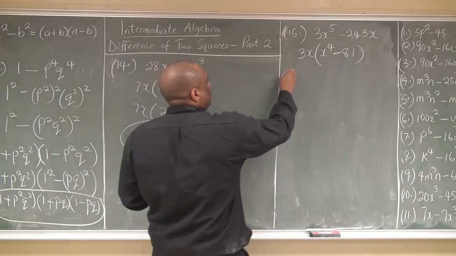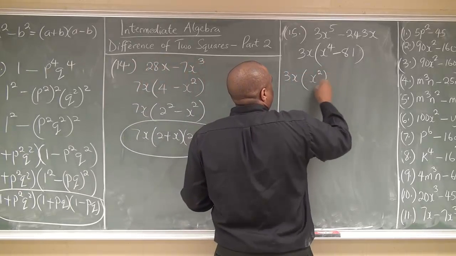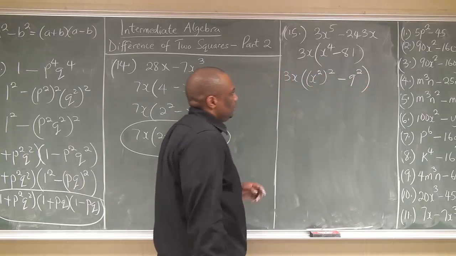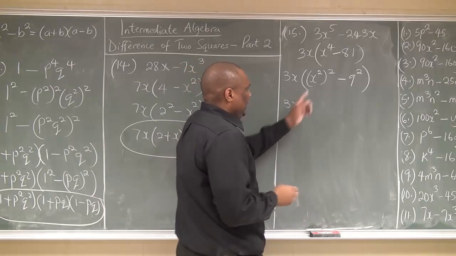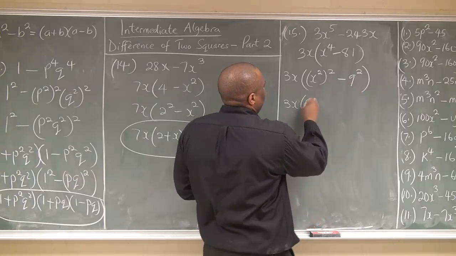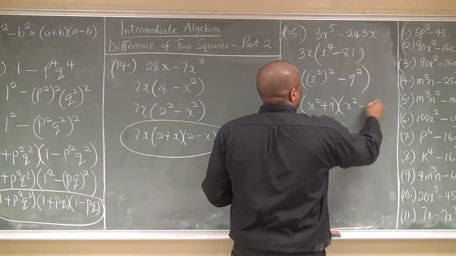Right? So this is now 3x times x squared all squared minus 9 squared. Here your a is x squared and your b is 9. So this is x squared plus 9 times x squared minus 9.